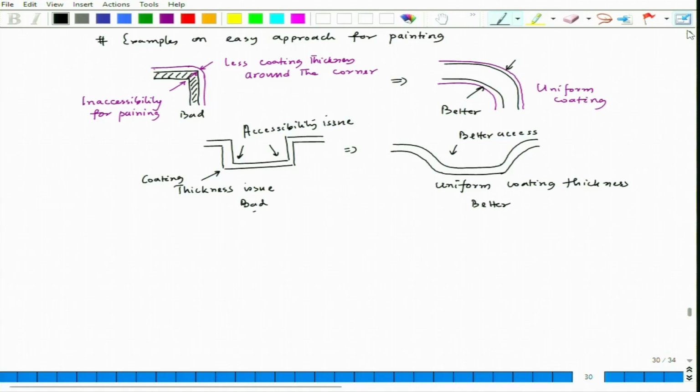Now, from next class onwards, we will talk about material aspects for corrosion protection. The design aspects, whatever we have covered, are mostly taken from ASM Handbook Volume 13A, which is Corrosion: Fundamentals, Testing and Protection.